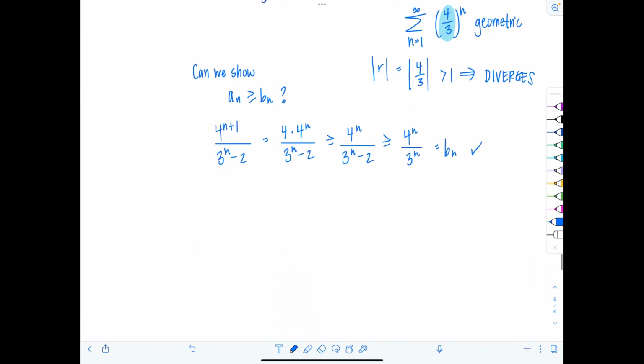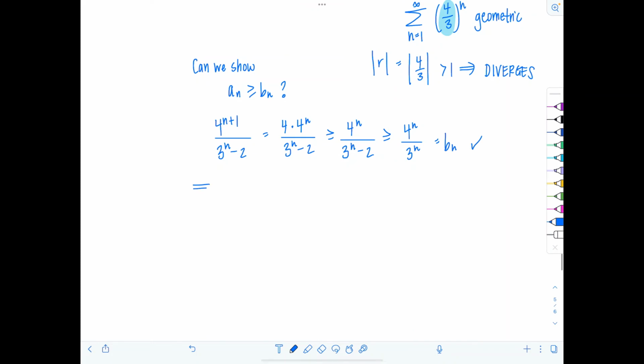Yay! Okay, so what does that tell us? That tells us that the sum, n equals 1 to infinity, 4 to the n plus 1 over 3 to the n minus 2 also diverges by comparison test.